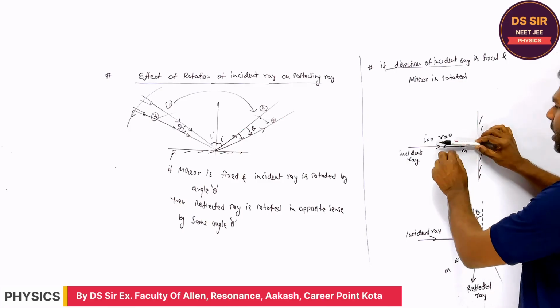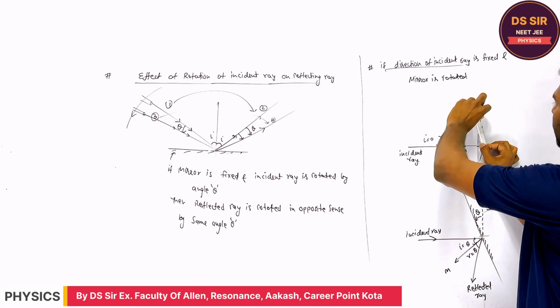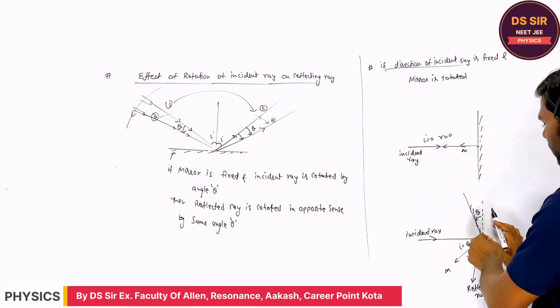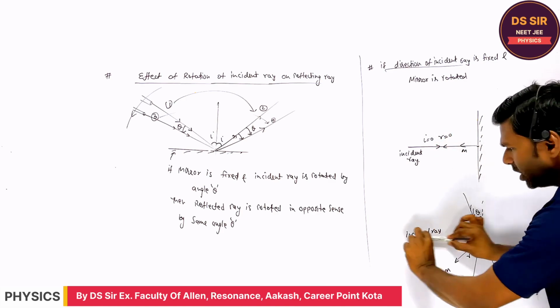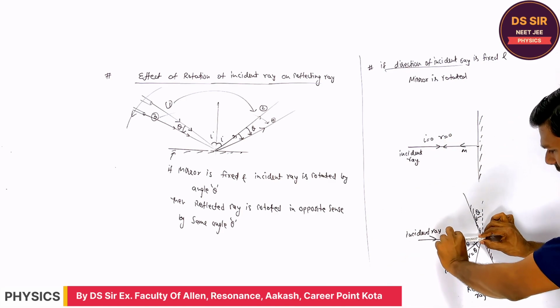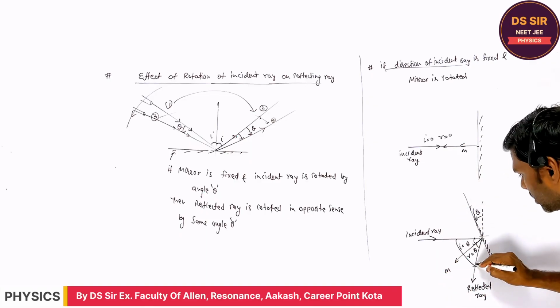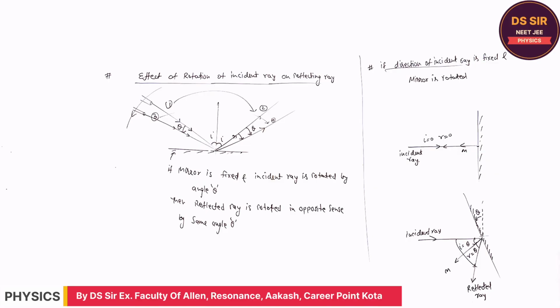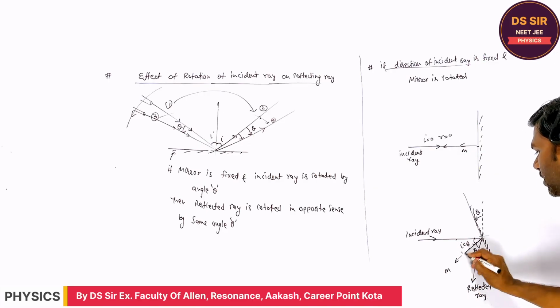Here the reflected ray was going in this direction. Now after rotating this mirror by theta, the reflected ray does not go in the same direction. Rather, the reflected ray is rotated by this. By what angle is the reflected ray rotated? Tell me.